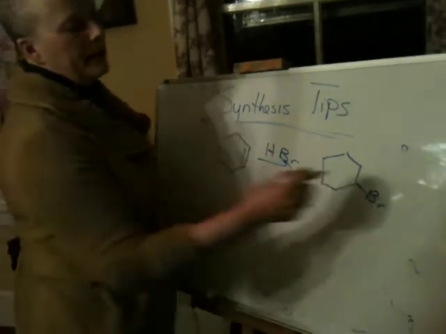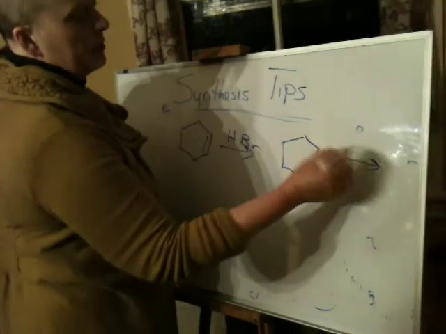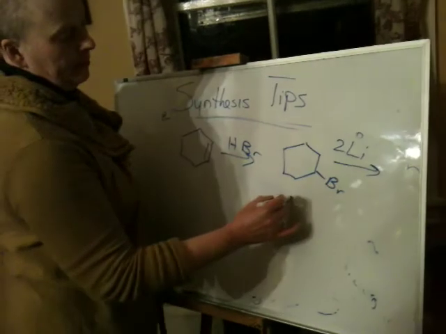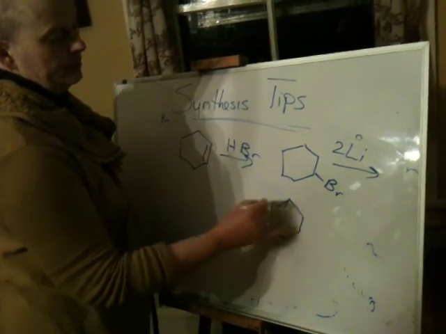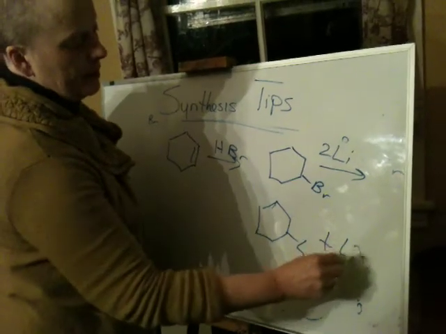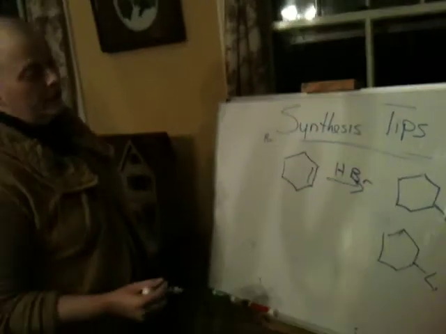If I make that bromide, as I showed you earlier, and you should put this in your bag of tricks, I could make a Grignard or an organolithium. So I'm going to make an organolithium. That would be this reagent. My byproduct on that step is lithium bromide. That's new, okay, but that's how you make the organolithiums.